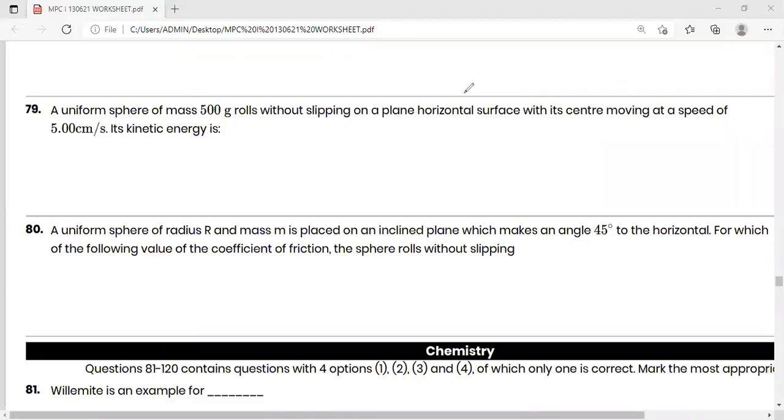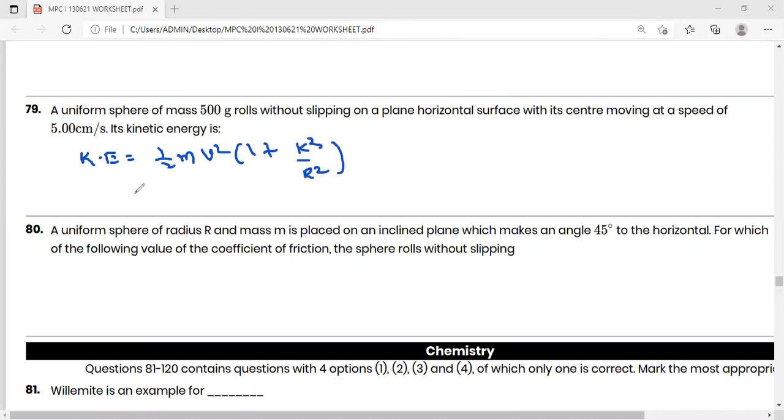Question number 79. A uniform sphere of mass 500 gram rolls without slipping on a plane horizontal surface with its center moving at a speed of 5 centimeter per second. Its kinetic energy is, it is just moving on a horizontal surface only, just rolling. So the formula for kinetic energy can be written as half mv square into 1 plus k square by r square.